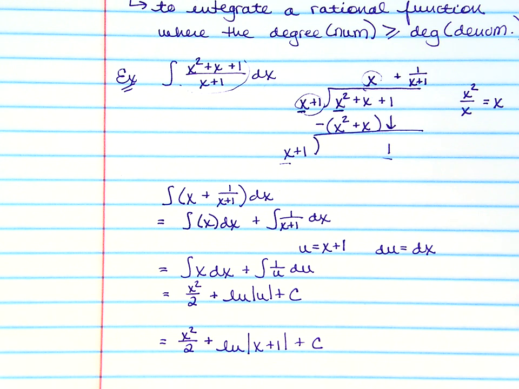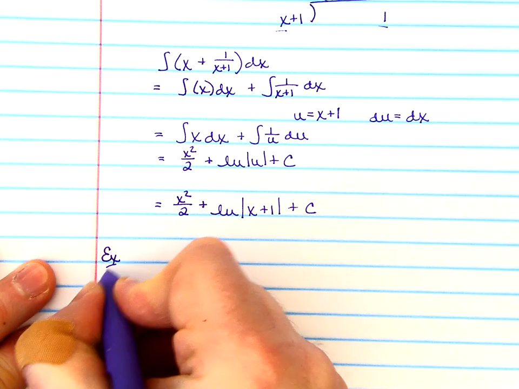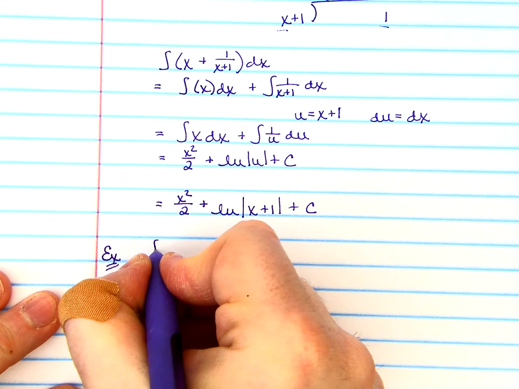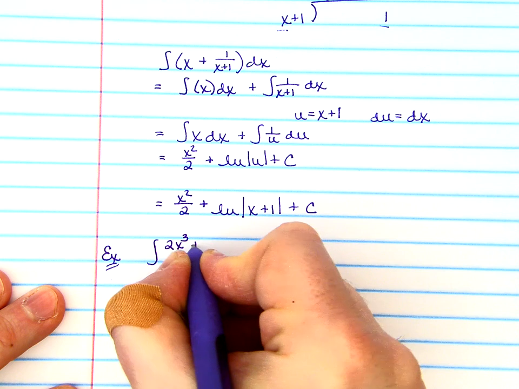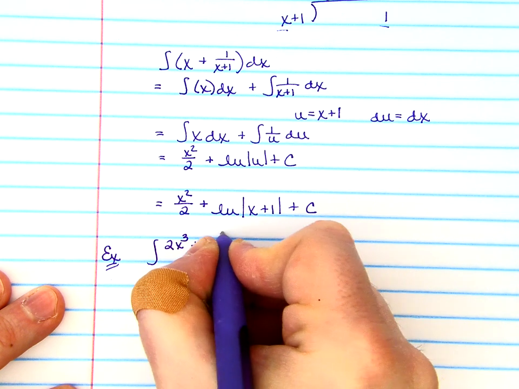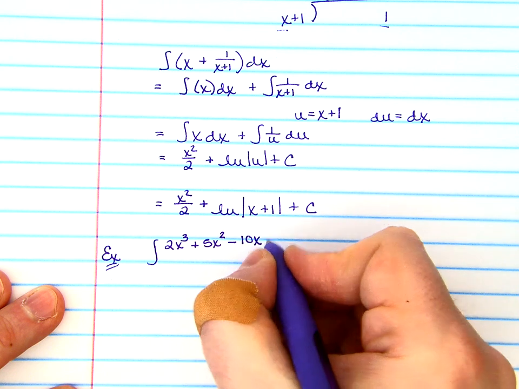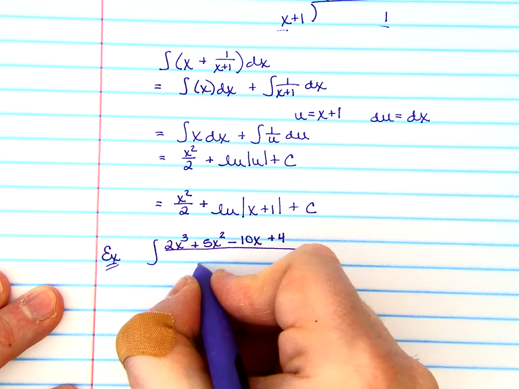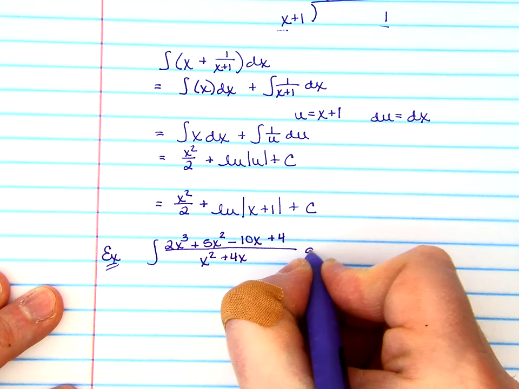I want you to try one of these problems. I'd like to see what you can do trying to integrate 2x cubed plus 5x squared minus 10x plus 4 divided by x squared plus 4x.